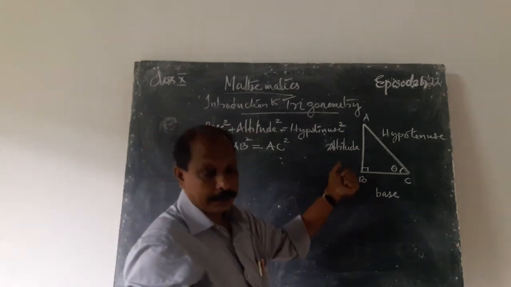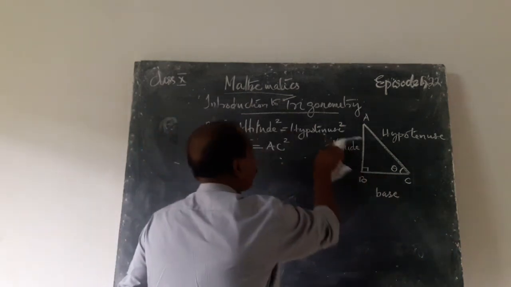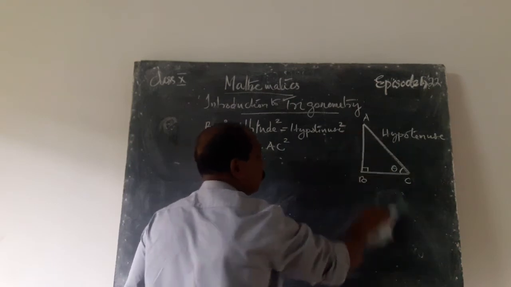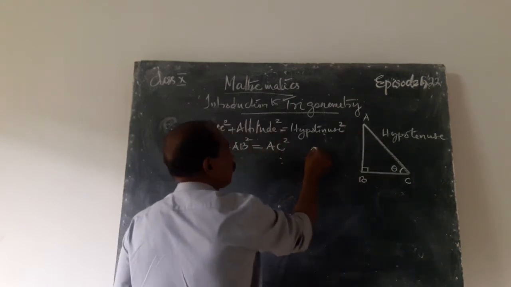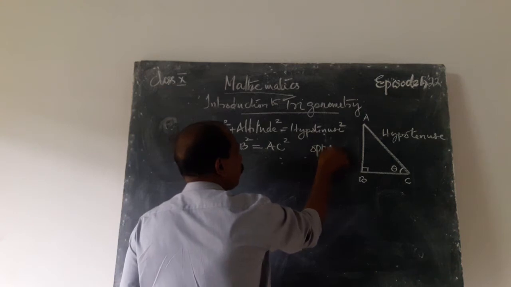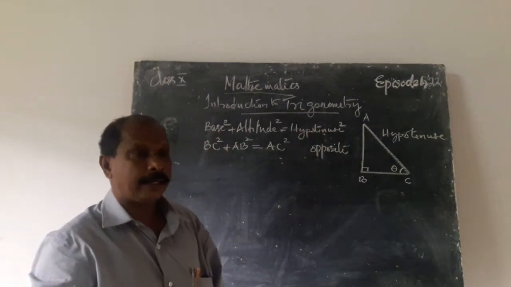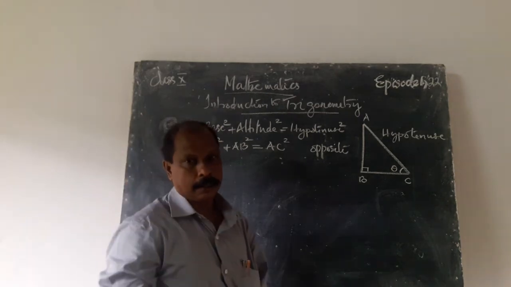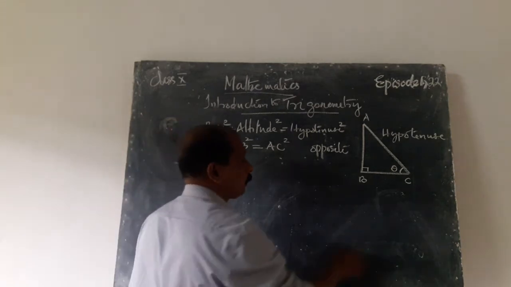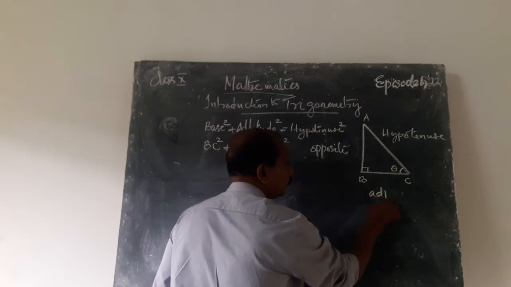Therefore, that altitude is replaced by opposite side. It is opposite side. And the side nearest to that theta, that is BC, it is known as adjacent side.